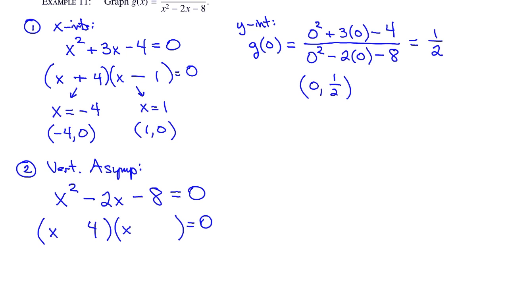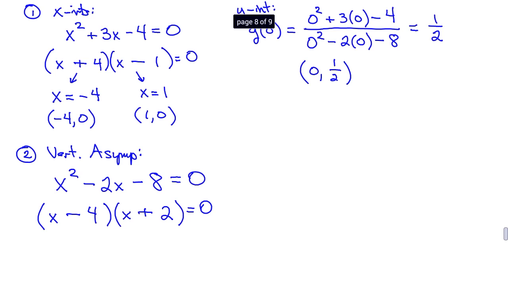Eight factors as 4 and 2. We need to create a negative 2 in the middle term, so the 4 needs to be negative and the 2 needs to be positive. When you set each factor equal to 0, you get x equals 4 and x equals negative 2.